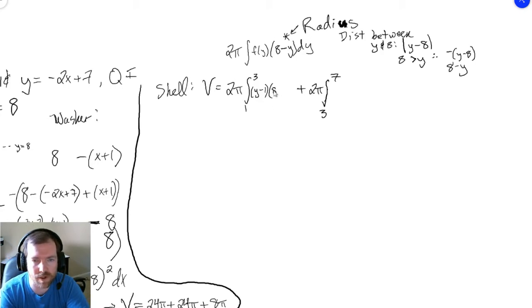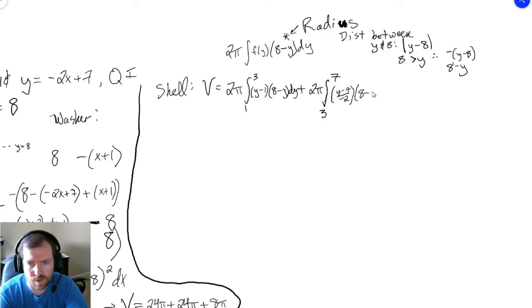So 8 minus y here, dy. And also here, again, this was parentheses, y equals 2x minus 7, so that's y minus 7 over negative 2 times 8 minus y dy. Alright, so less convenient, but it'll still work now.